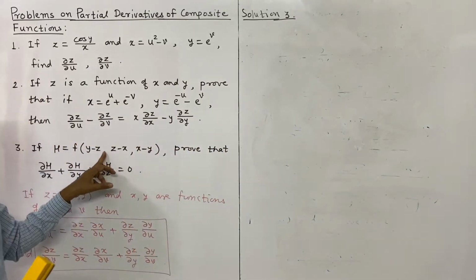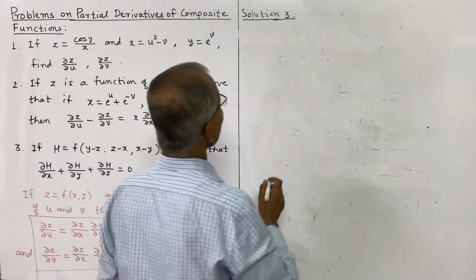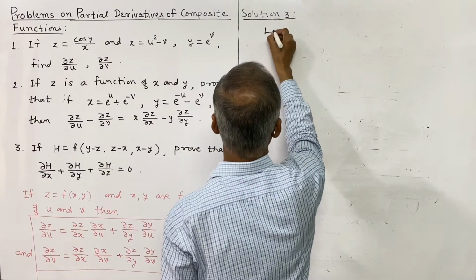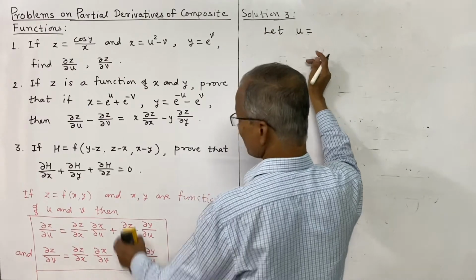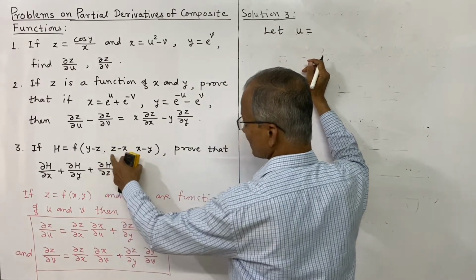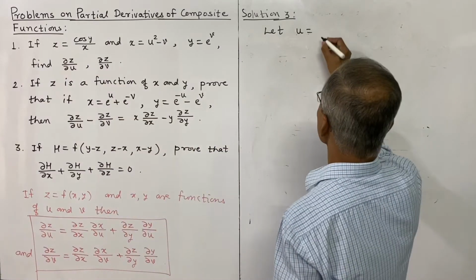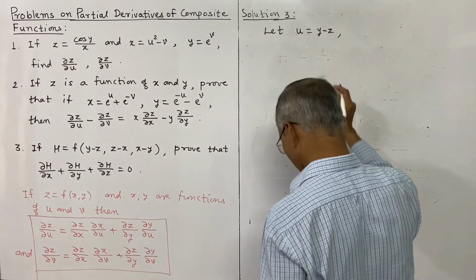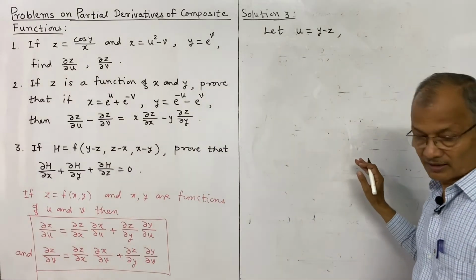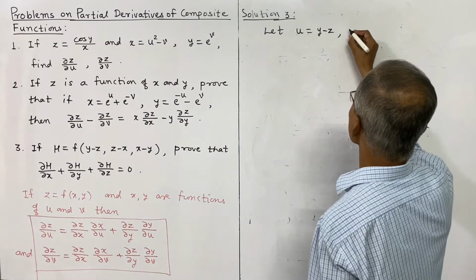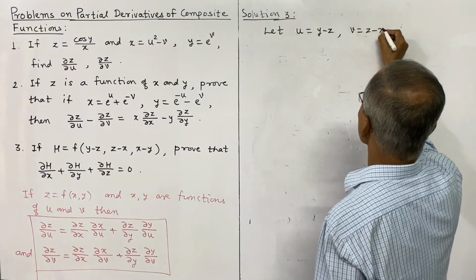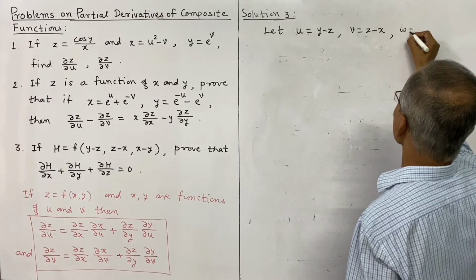So this result we have to prove, and we shall express first h as a function of three variables. These are three variables, and for that purpose we shall suppose these values as u, v and w. So let u is equal to y minus z, and next v is z minus x and w is x minus y.